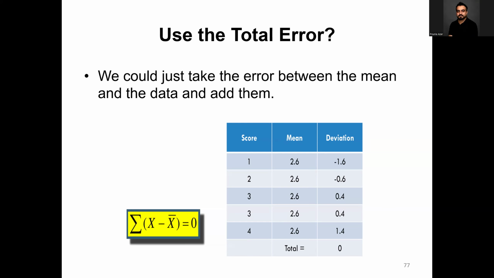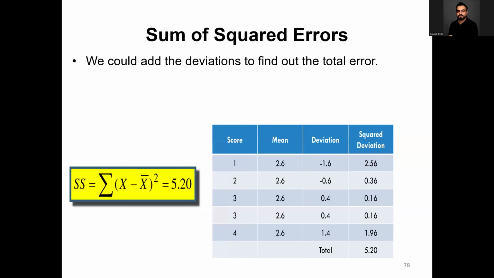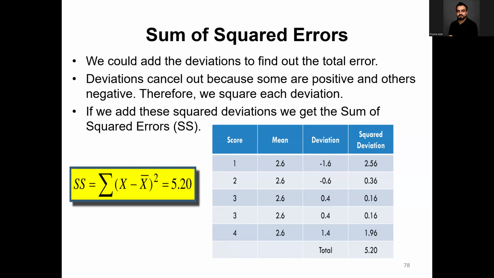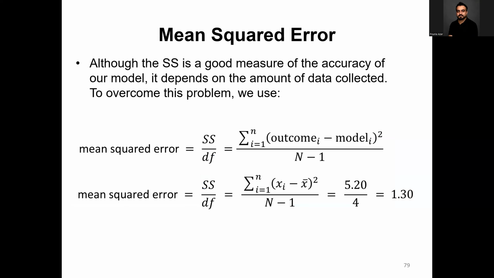So those positive and negative values cancel out each other. That's why total error equals zero. That's why we can use other types of values like the sum of squared errors. And that's the formula for the sum of squared errors.